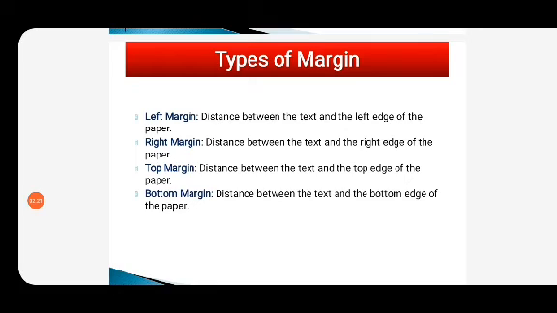As the name suggests, left margin is the distance between the text and the left edge of the paper. Similarly, right margin is the distance between the text and the right edge of the paper. Top margin is the distance between the text and the top edge of the paper, and bottom margin is the distance between the text and the bottom edge of the paper.